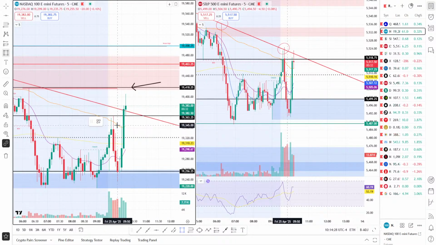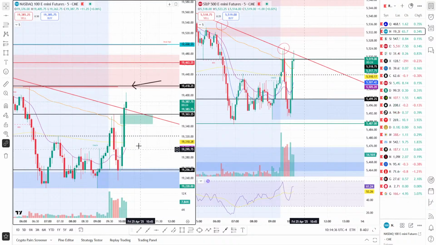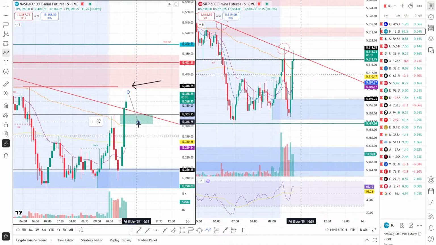All right, we got a bullish fair value gap here right after this break above the range. If we get a pullback and we see some buyers here, this might give us another leg up.